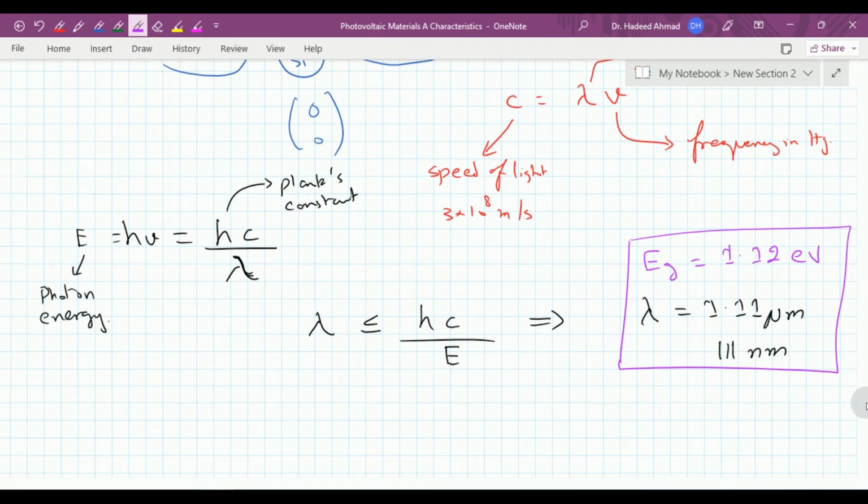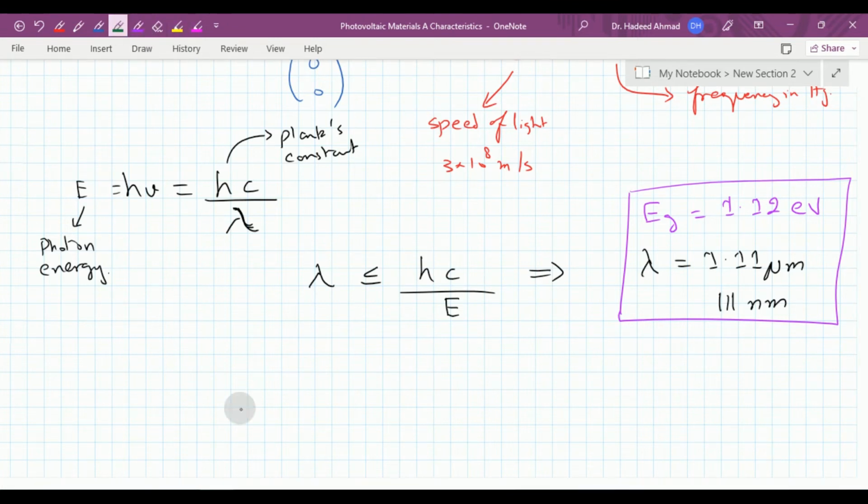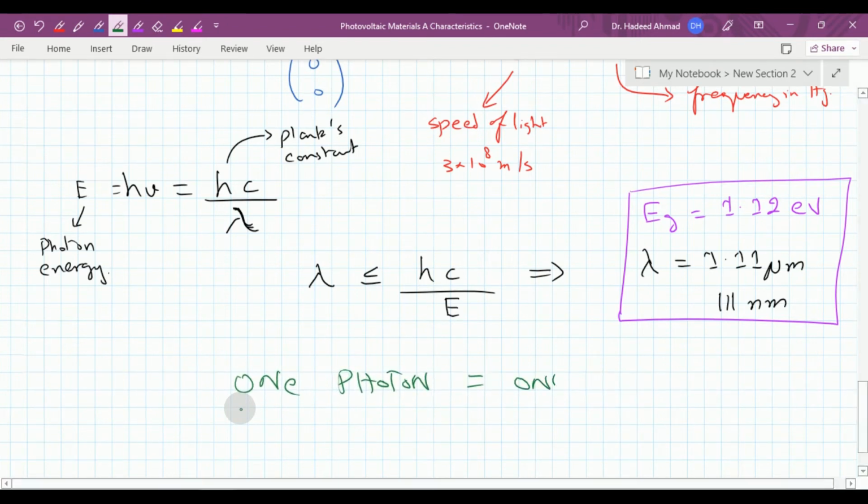So this is one important point that we need to understand first. The second important point here is that one photon can only knock out one electron, even if it has an energy which is far more, which is sufficient for two electrons.